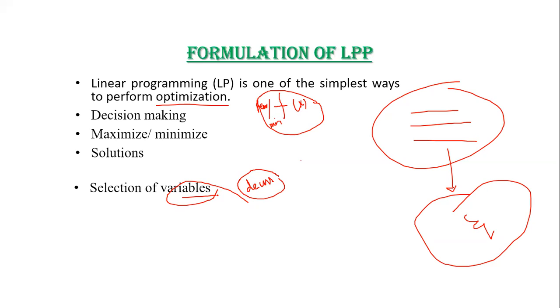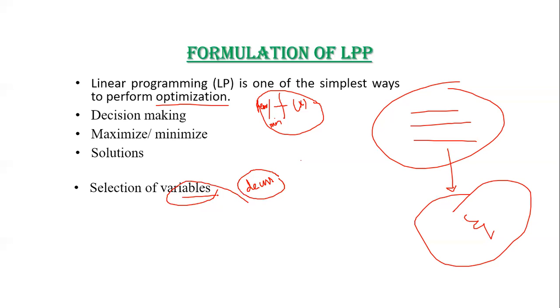So definitely you have to give that decision, how many units you have to manufacture. The decision making is nothing but telling the number of units. So these are called decision variables, because this is the final decision you have to provide to get the maximum profit or the minimum loss. That is the first step in the formulation of LPP.